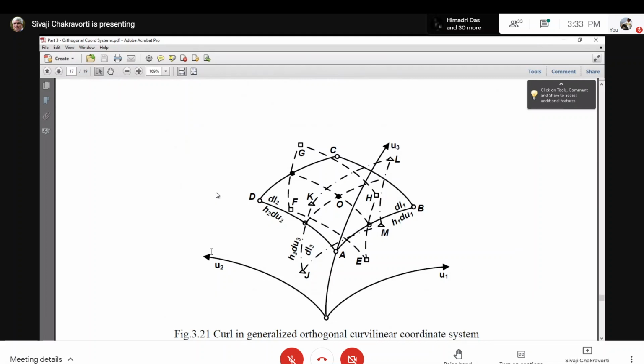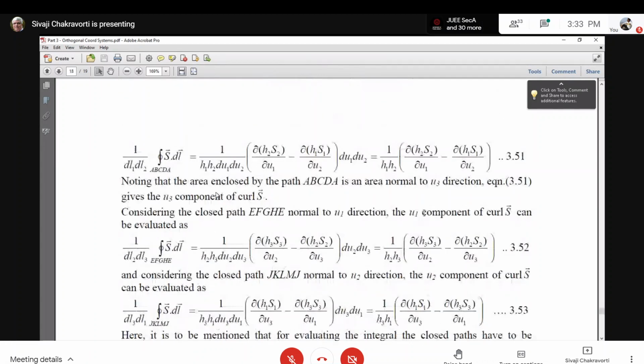So the area vector will be along U3. So we say that equation 3.51 is nothing but the U3 component of the curl.